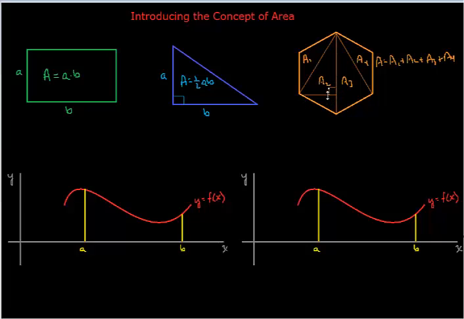So the height would be A here, for instance. This would be our A. And our base would be along that edge. And area 2 would be 1/2 A times B, where A is this height perpendicular to this base.